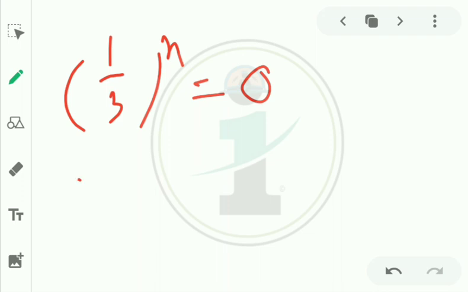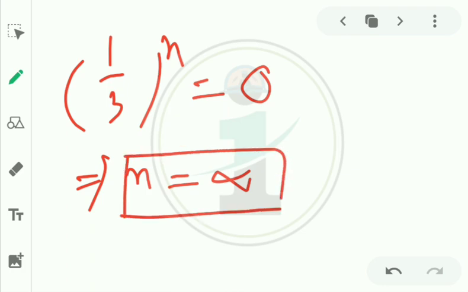So we are left with (1/3) to the power n equals to 0. That will give us n equals to infinity. That is why the bird will make infinite trips between the two trains before they crash.